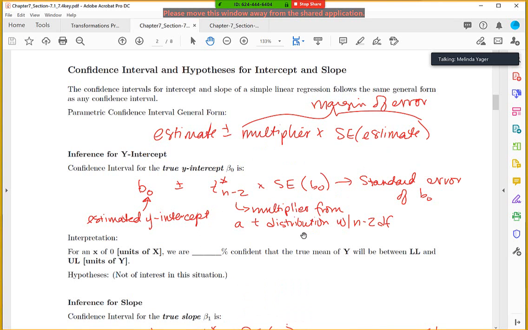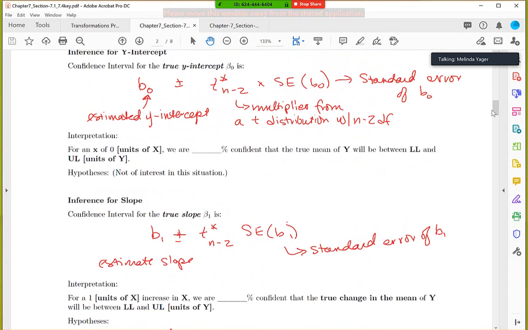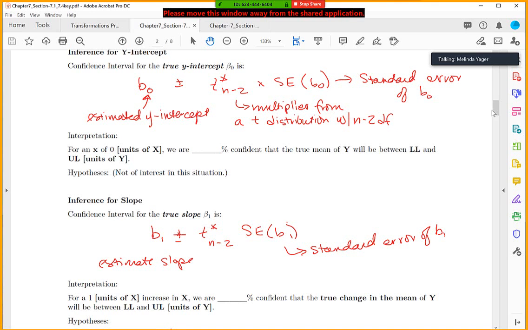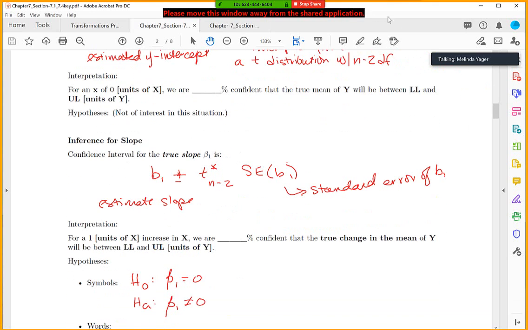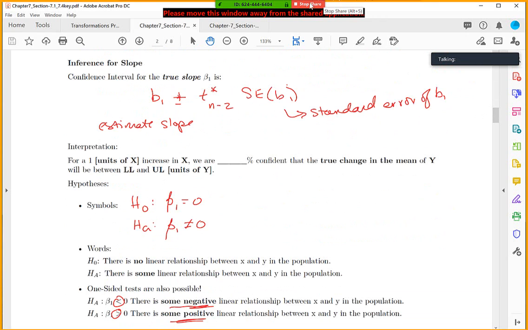So we can find confidence intervals both for the y-intercept. It's not really very useful to look at a test for the y-intercept because we're mostly looking at that linear relationship between x and y. So we look more at the test of the slope. So we look at confidence intervals for slope and tests of slope.